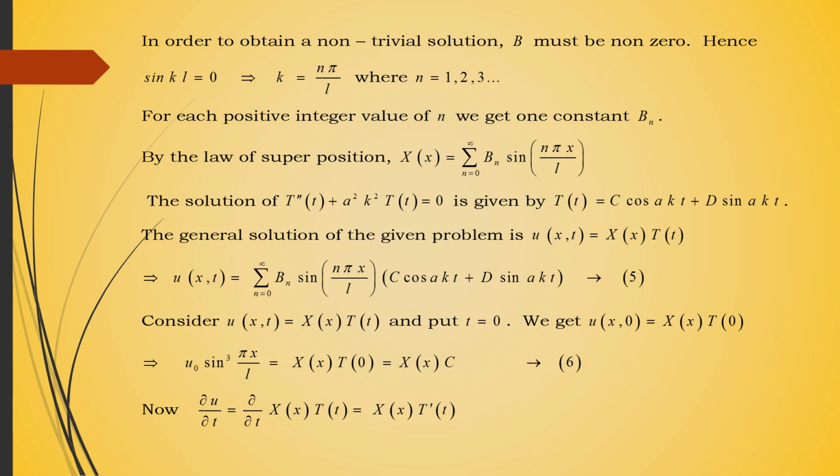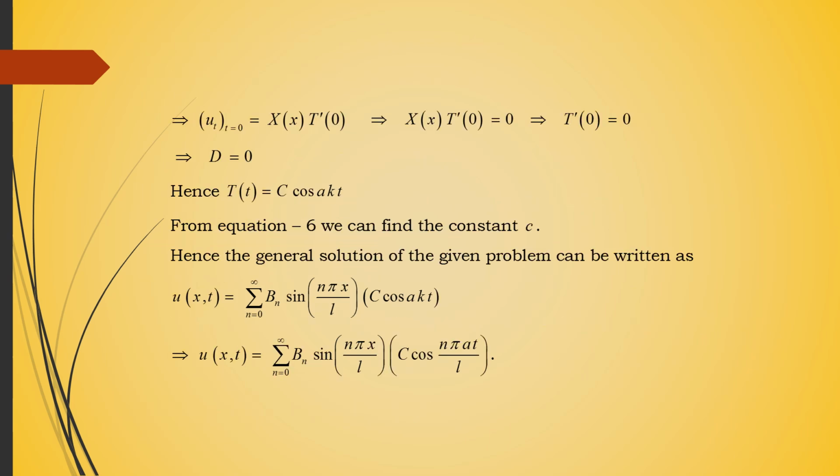That implies ∂u/∂t = X(x) T'(t), or it can also be written as u sub t equals X(x) T'(t). We have already seen that ∂u/∂t = X(x) T'(t).